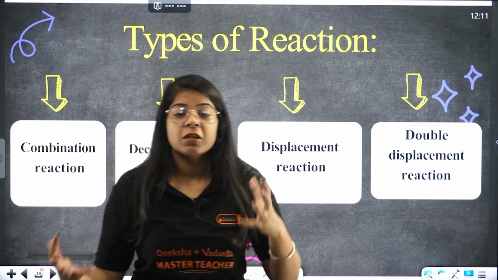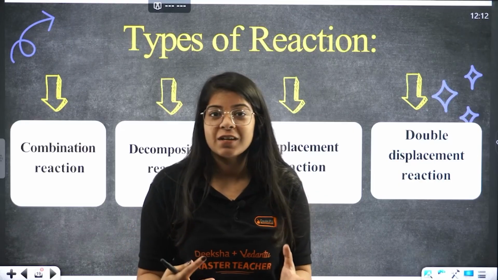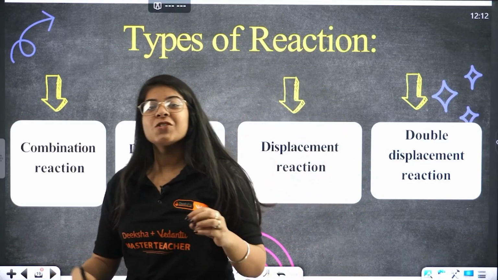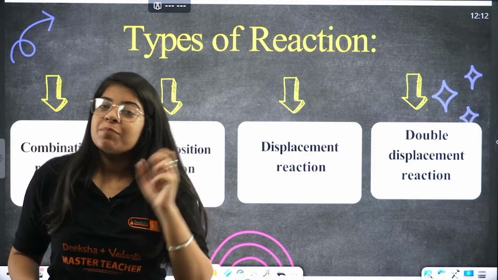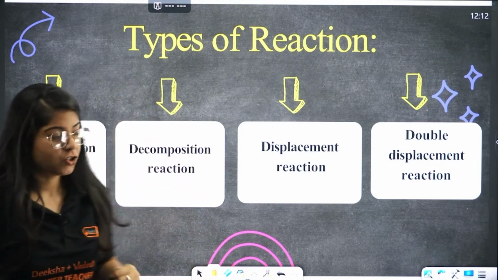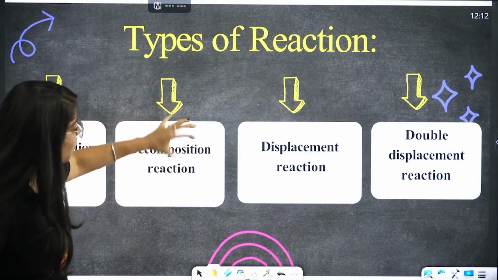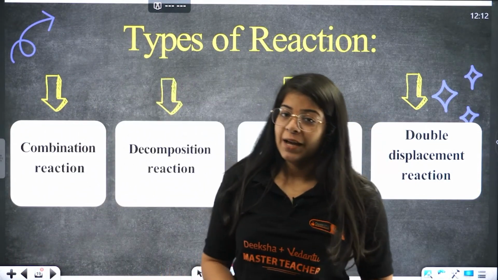And sometimes the reaction is so cold that we have to put on gloves, right? So all these kinds of reactions have very different properties, and based on those properties we are going to study 4 different kinds of reactions: combination reaction, decomposition reaction, displacement reaction, double displacement reaction.